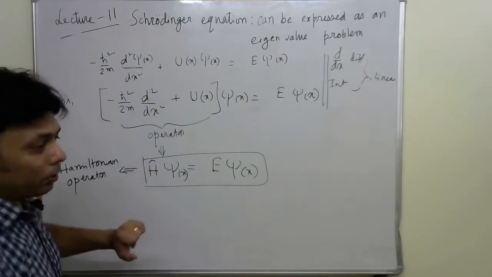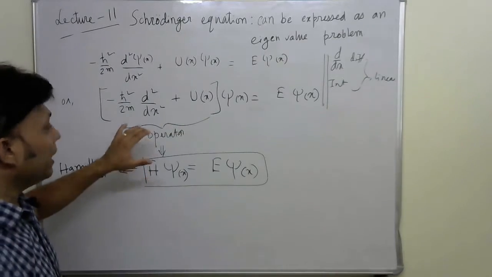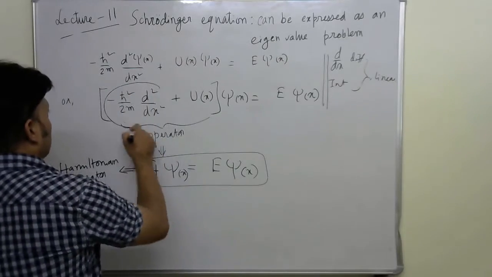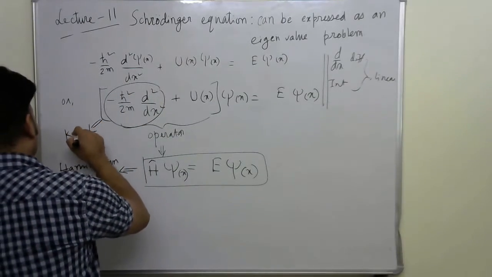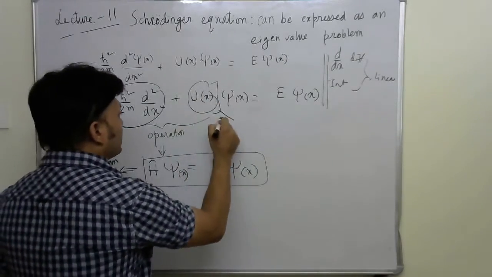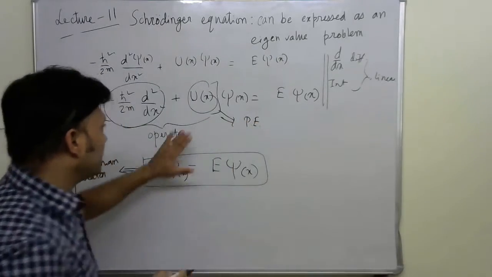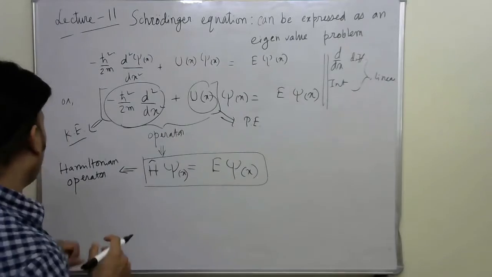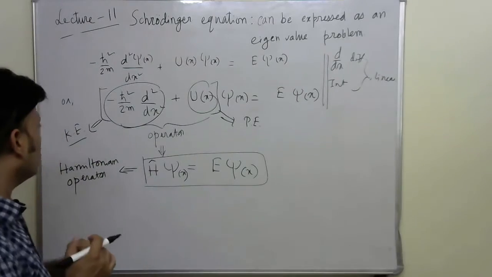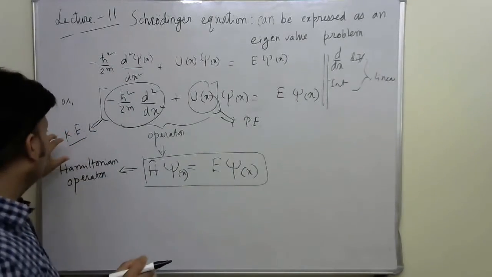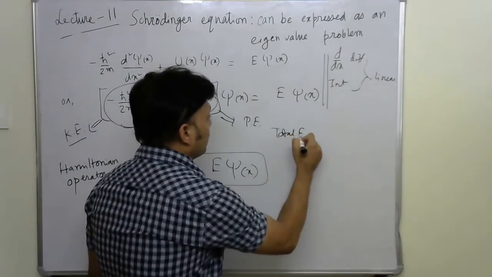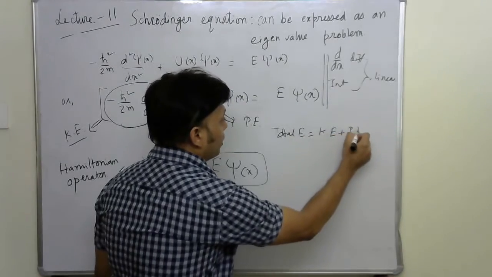So what is a Hamiltonian operator? The Hamiltonian operator is basically the energy operator. Why is it the energy operator? Because this part is known as the kinetic energy operator, and this part represents the potential energy. So U of x represents the potential energy operator, and this part, minus h cross square by 2m multiplied by d2 dx2, represents the kinetic energy operator, and we know that the total energy is equal to the kinetic energy plus potential energy.